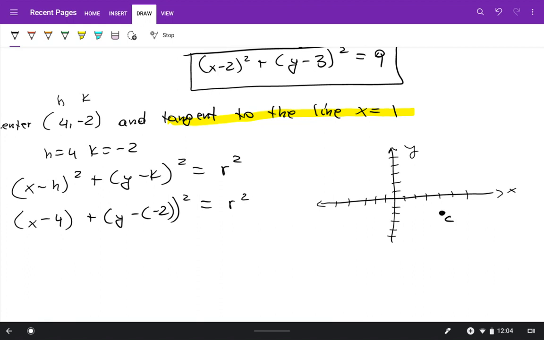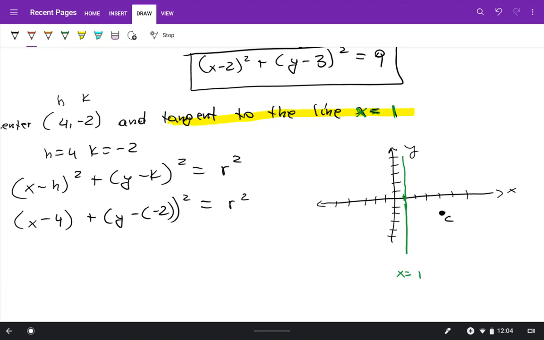This is the center. And the line x = 1 is a vertical line. So find 1 on the x-axis and just draw the vertical line. Okay, so this is the line x = 1. And to find the radius, just count the distance.